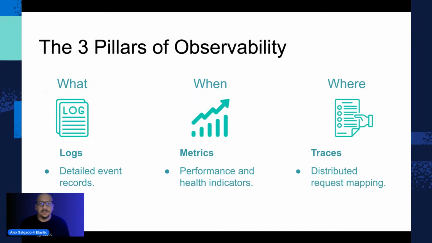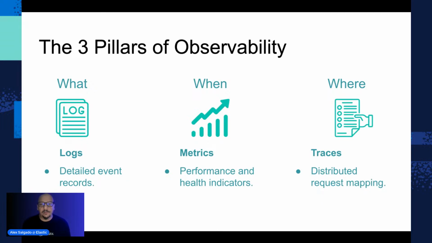Observability is based on three key pillars: logs, metrics, and traces. Together, they help us understand what happened, why it happened, and how often it happens. Logs provide detailed information about specific events, like errors and warnings.